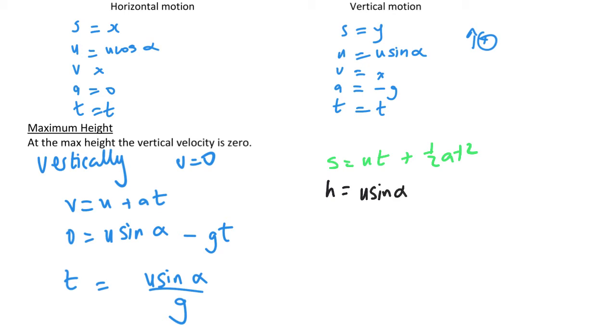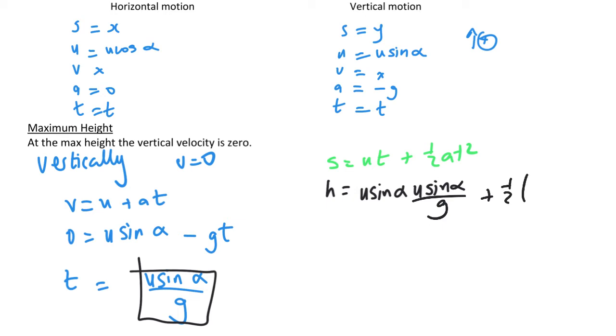Now the time taken was u sine alpha over g. So we're going to go u sine alpha over g plus a half times a, which is minus g, times t squared. So that's u sine alpha over g squared.